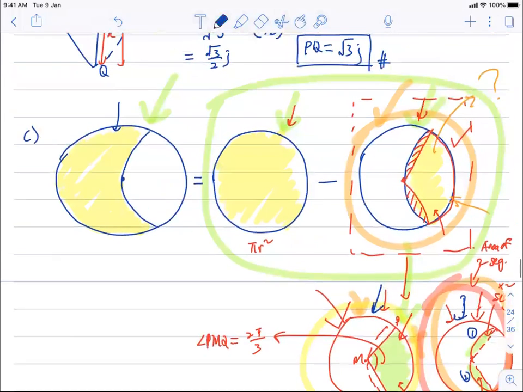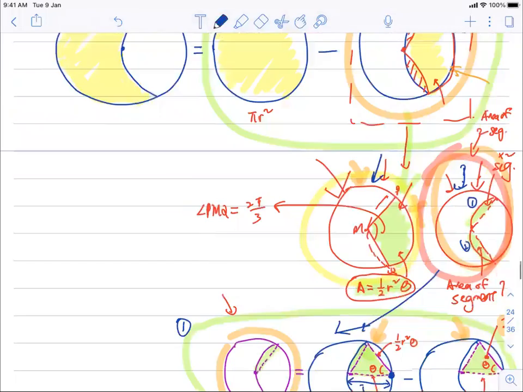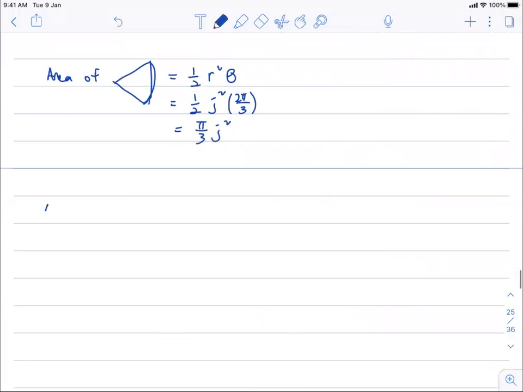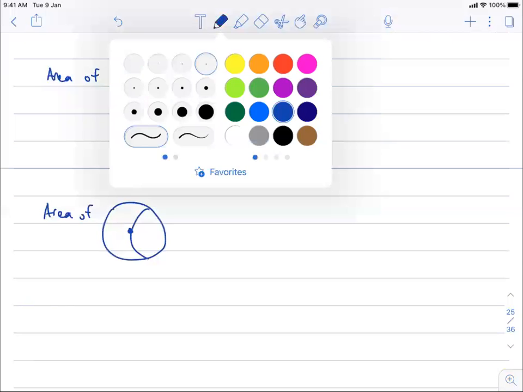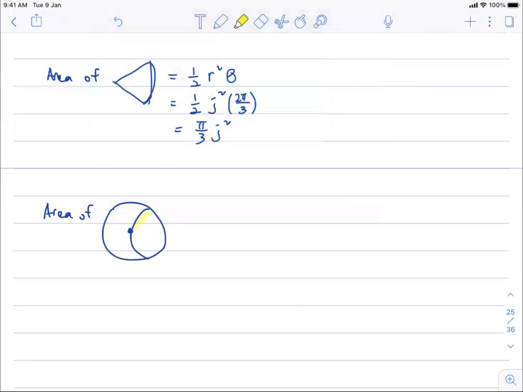Okay, now we have the area for this one and this one. We add them up to get this. Let me draw this out. This is the center of the circle. The area will be equal to this one plus the two segments.